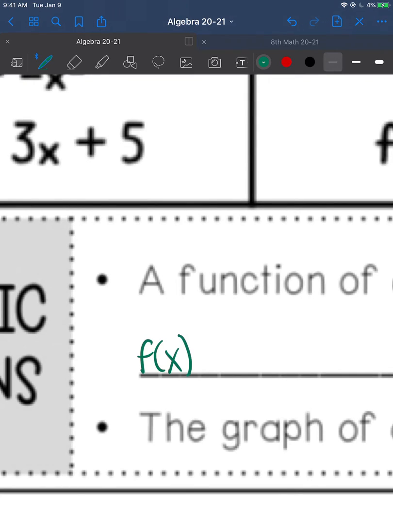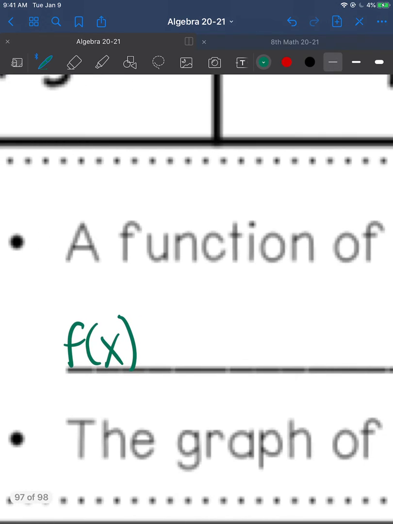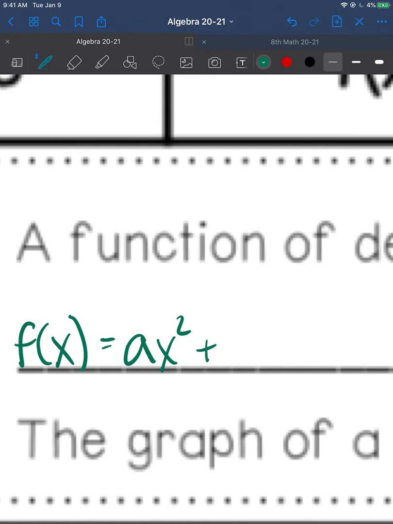If you remember, f of x is just a fancy way of saying y equals ax squared plus bx plus c. This is our standard form.